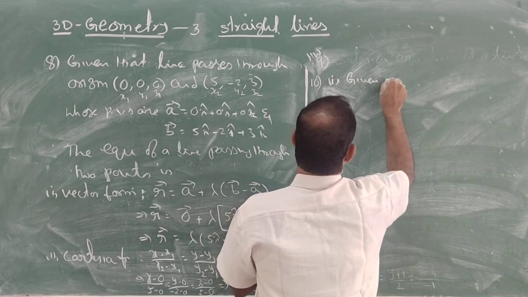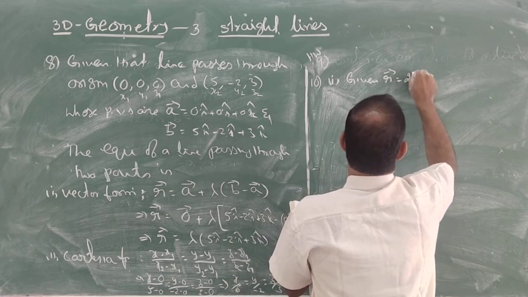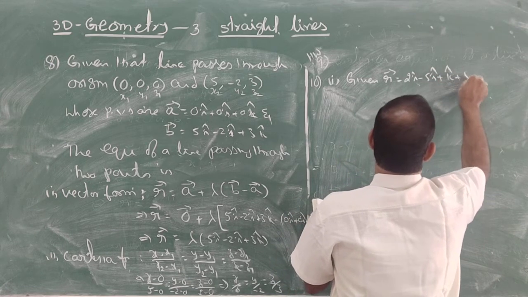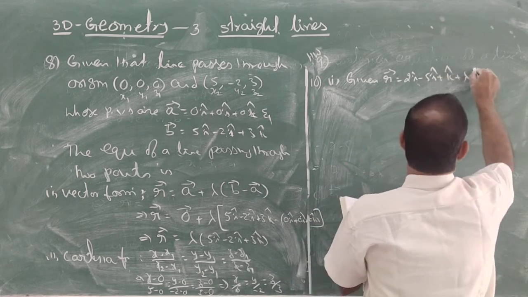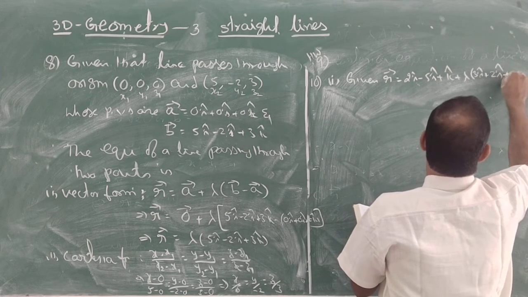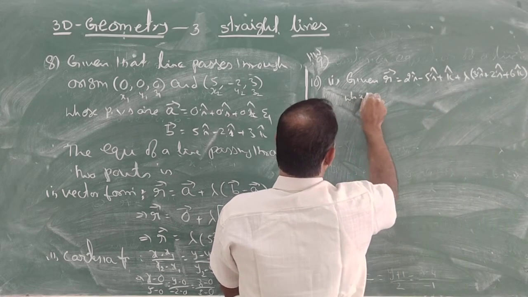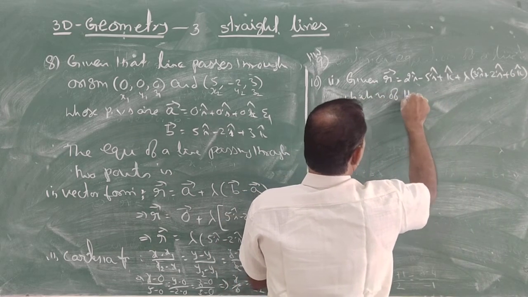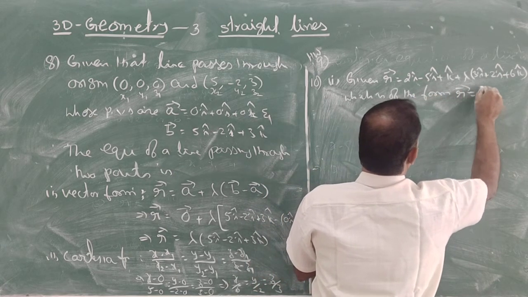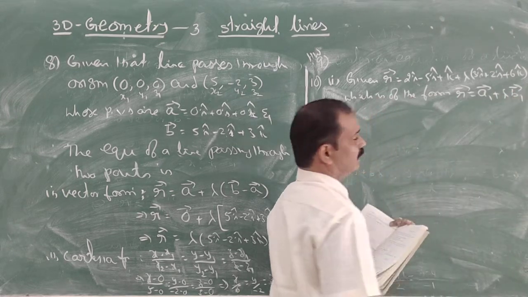Given R = 2i − 5j + k + λ(3i + 2j + 6k), which is of the form R = a1 + λb1.